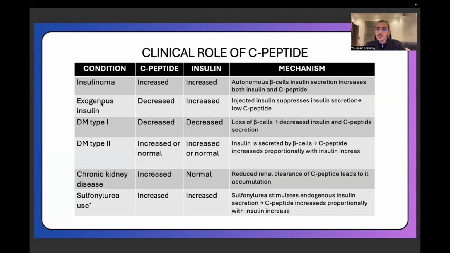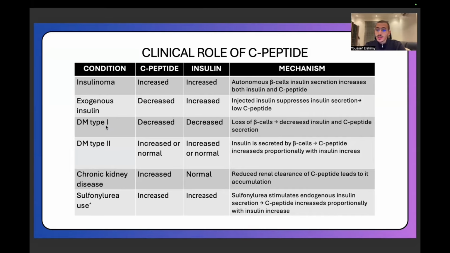If it's exogenous insulin, when you take exogenous insulin, you don't have the C-peptide, it's pure insulin. So if there is a huge amount of insulin and you want to decide if it's endogenous or exogenous, you measure the C-peptide, because if it's exogenous, the C-peptide is going to be decreased or not available, while the insulin is going to be increased.